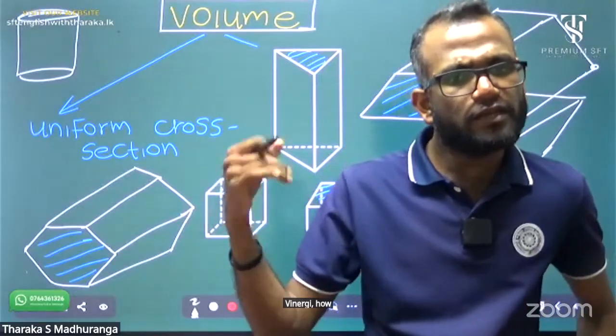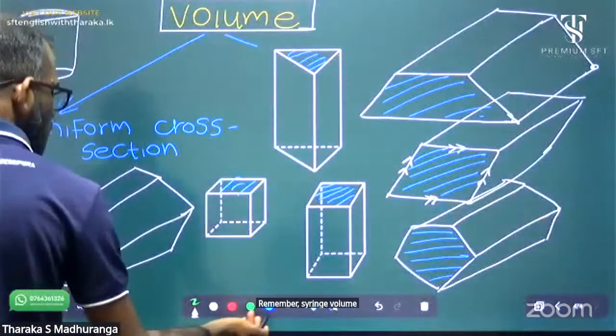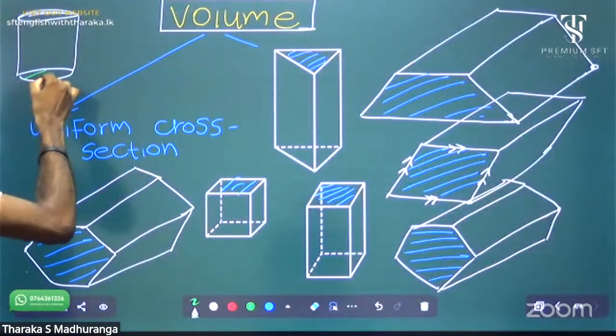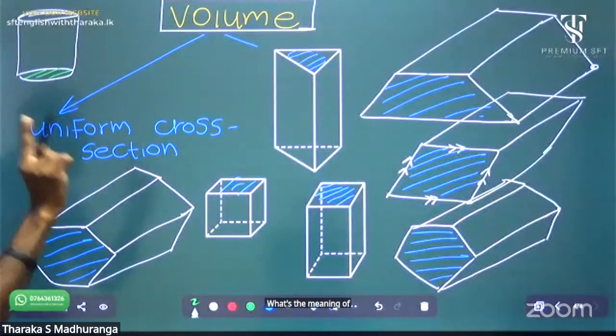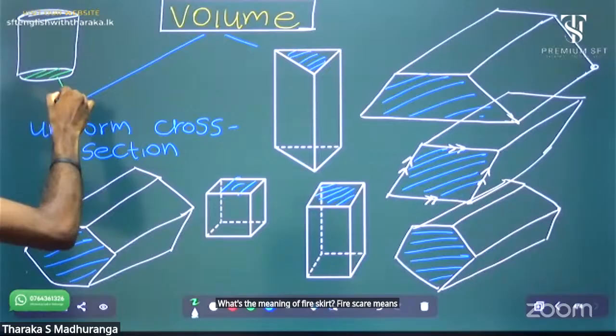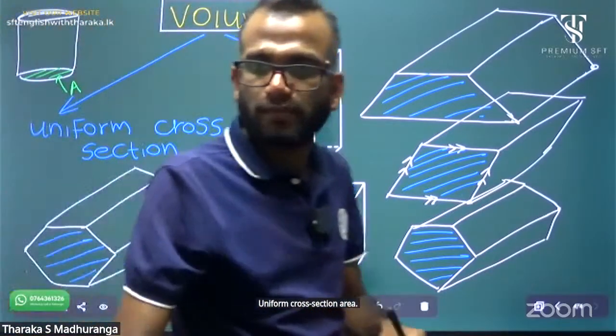How to get the cylinder volume? Remember, cylinder volume equals pi r squared h. What's the meaning of pi r squared? Pi r squared means this cross section area, the uniform cross section area, right?